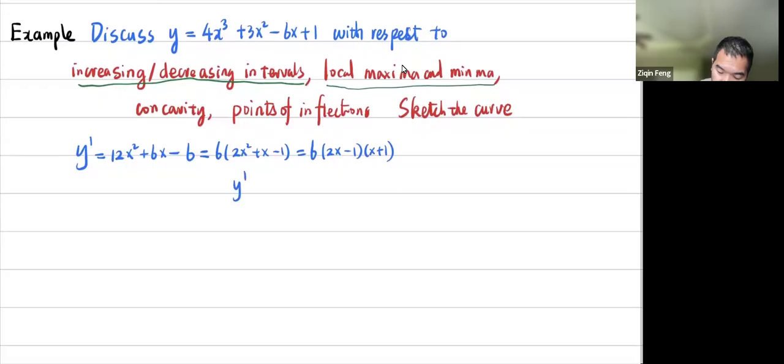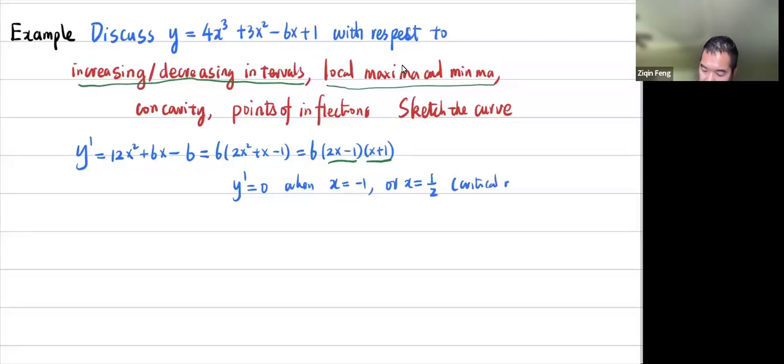So y prime equal to 0 when x is negative 1 or x equal to 1/2, right? The second factor equal to 0 implies x is negative 1. First factor equal to 0, you get x is 1/2, right? So those are the critical numbers.